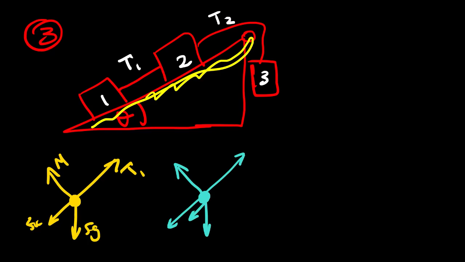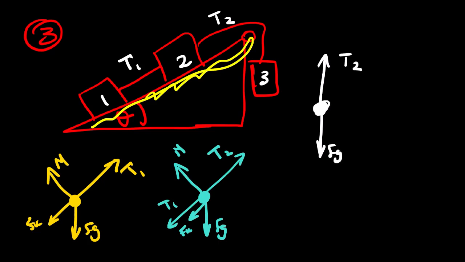And then object 2 will move due to T2. We have normal force, we have T1, we have kinetic friction, we have FG. And then looking at 3, we have T2 and FG.